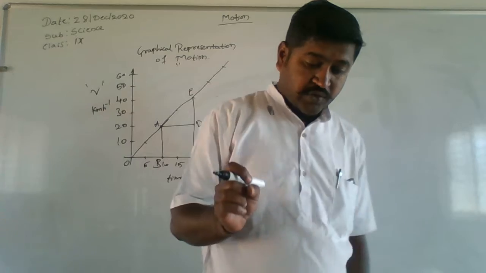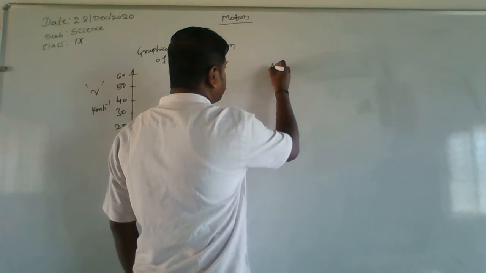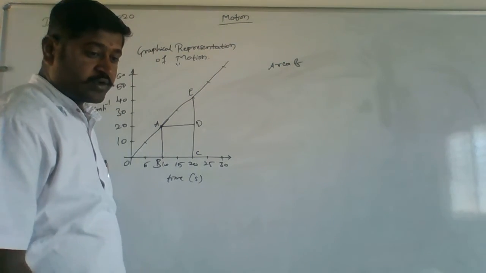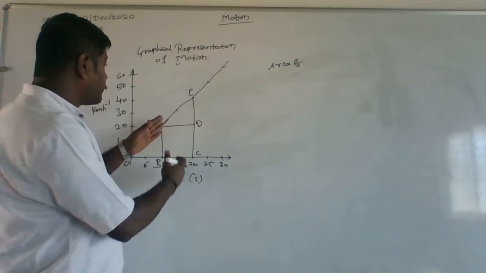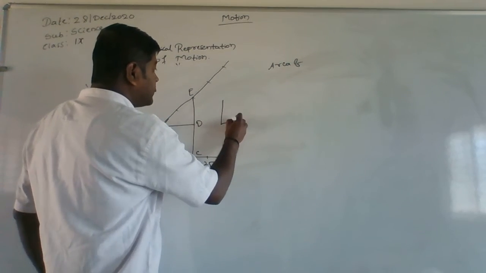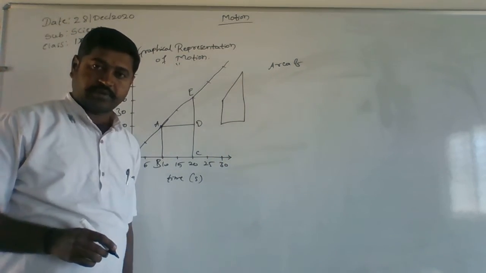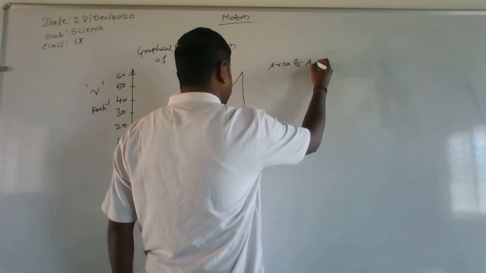For that, we first have to write the mathematical formula. Area of ABCDE, this is looking like a trapezium. This is clear. So area of trapezium.